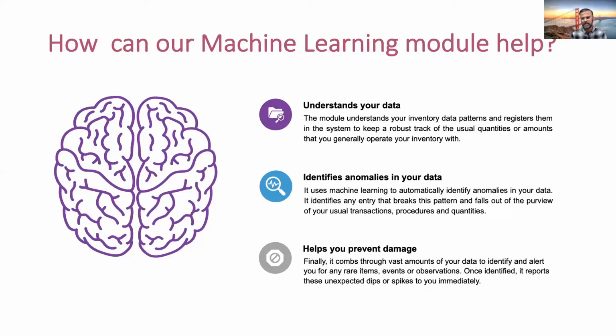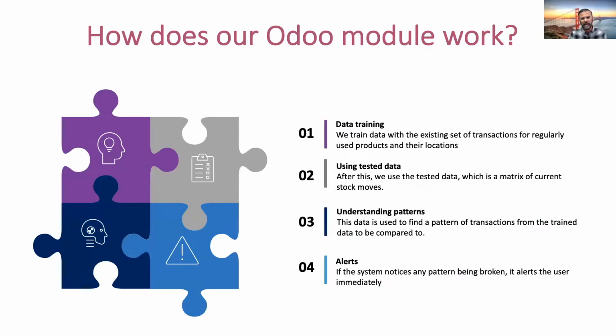And it helps to prevent users from making mistakes in the system. We'll look in the demo at how it actually works. The way we implemented it is it learns. Now, for machine learning to work, it needs data.